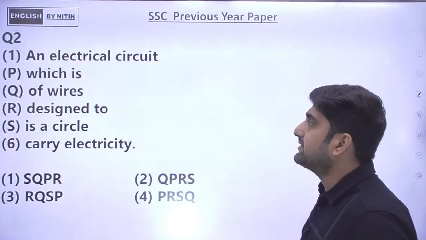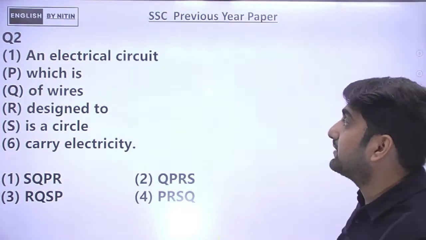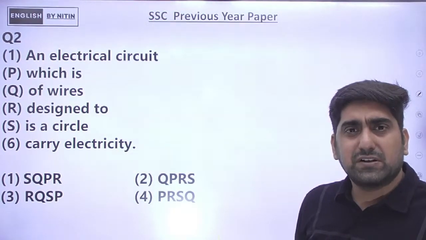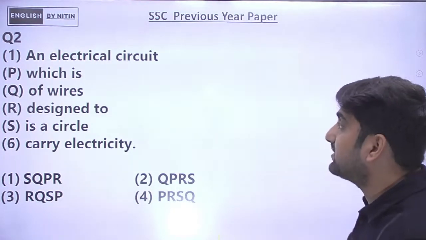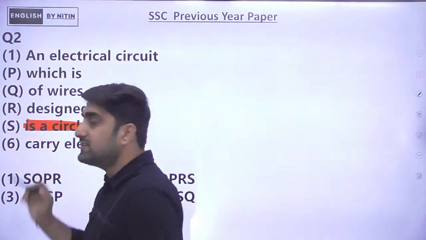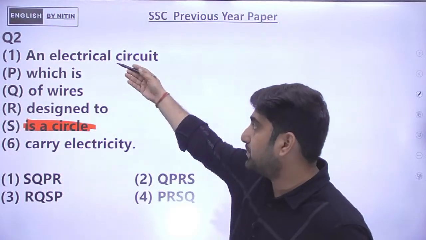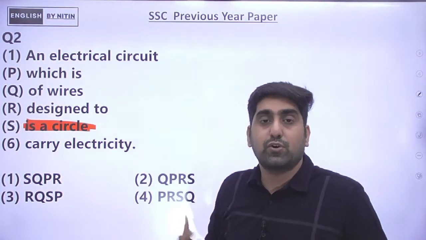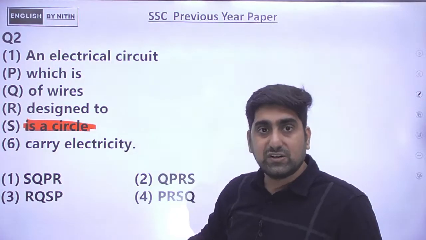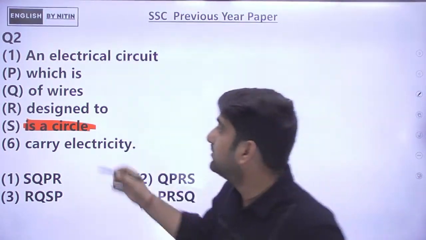Next question is about an electrical circuit. What actually is an electrical circuit? An electrical circuit is a circuit. So the sentence should have a verb conjugation after the subject. Subject is, as we are talking about, electrical circuit. So an electrical circuit is a circle, and circle made of what?